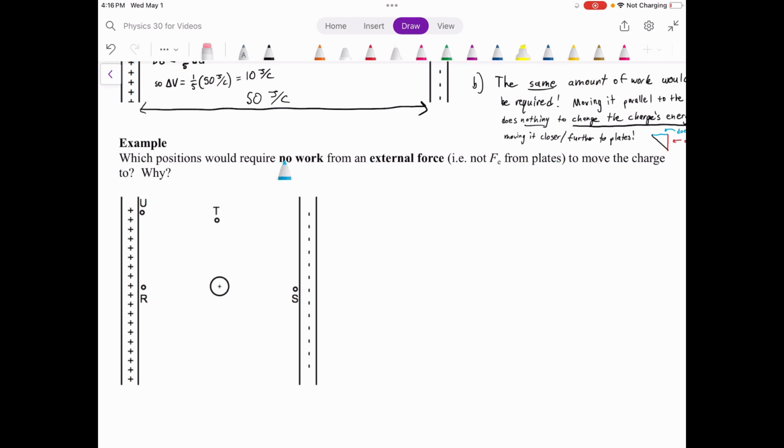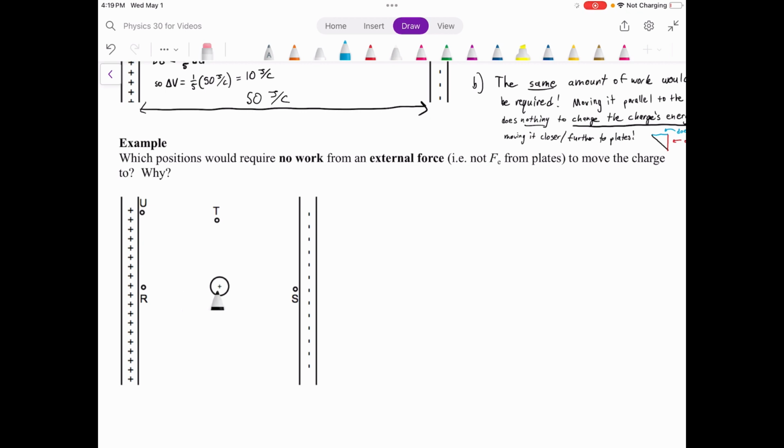So which positions would require no work from an external force to move the charge to? And why? Okay, so external force. Let's just imagine it's our hand. Which of these positions would we have to reach in with our hand here and do work to move it to? Okay, and therefore to change its energy, right?